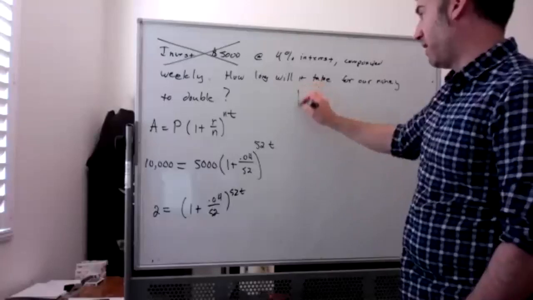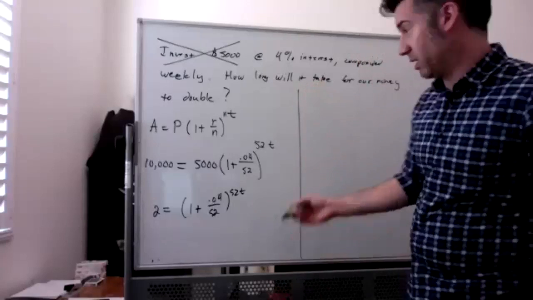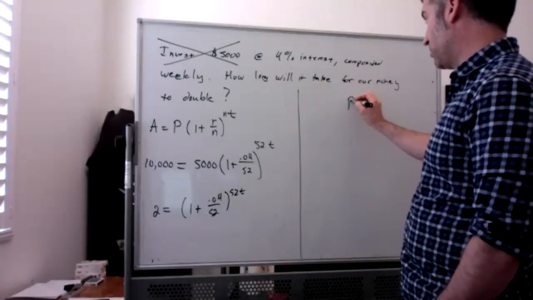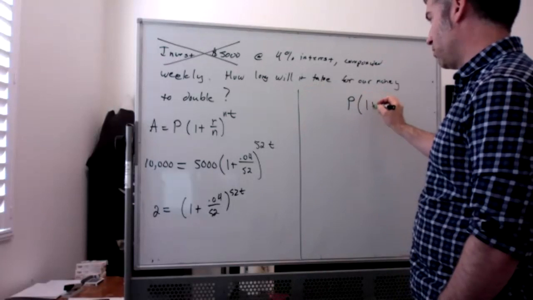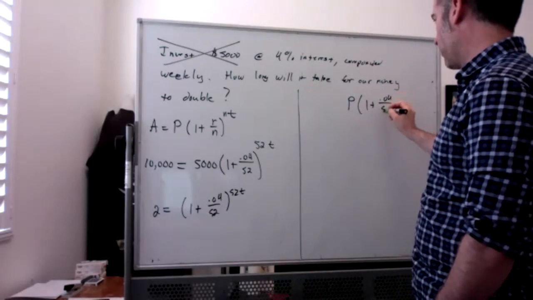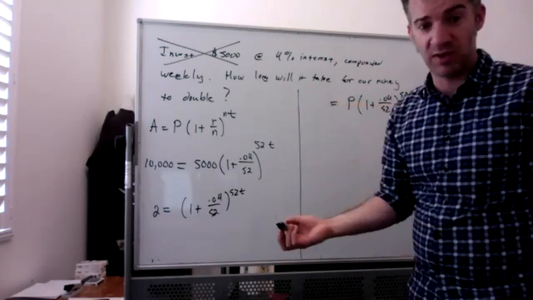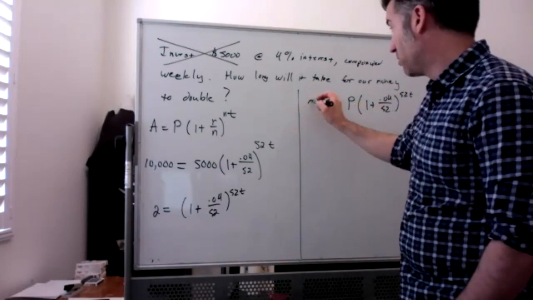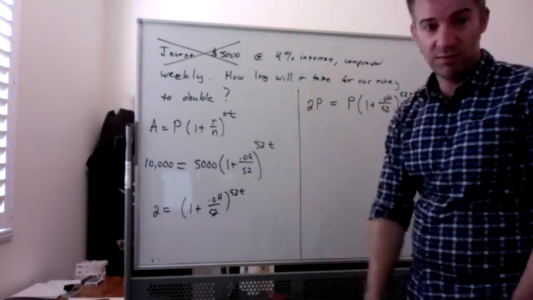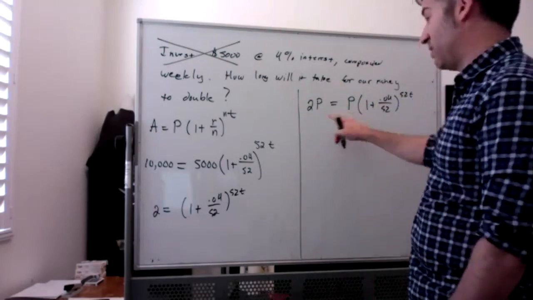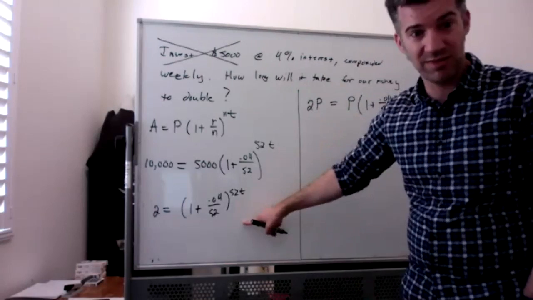But I just want to say, if I started out with any amount of money, some principal times 1 plus 0.04 over 52 to the 52t, and I wanted to double my money, so I want to end up with twice my principal. If I divide both sides by P, I get this equation exactly.